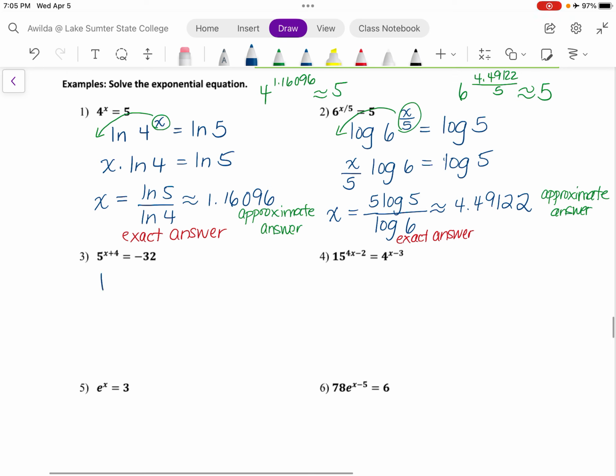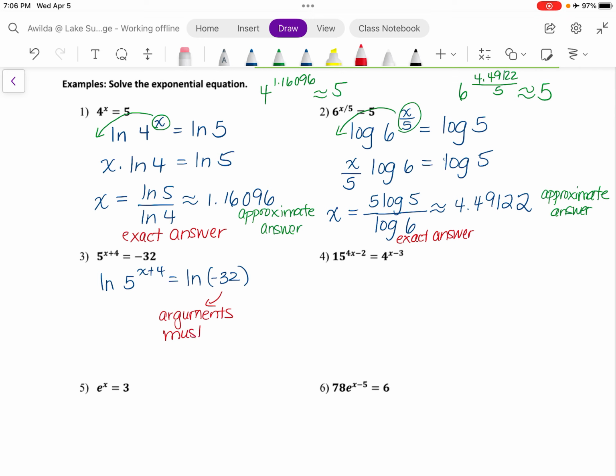If we take the natural logarithm of both sides, now I think the problem is clear. On the right-hand side, we have the natural logarithm of negative 32. And you might recall from earlier discussions that arguments must be greater than 0. So this tells me that this equation will have no solution.